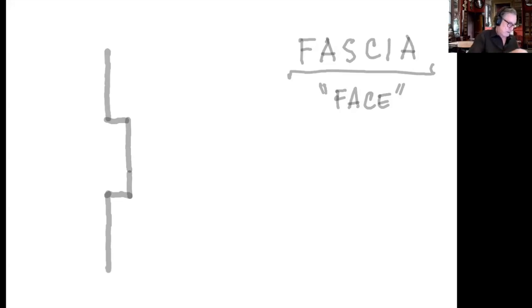And then we can use a thin line and we can actually draw those 45-degree lines if you want. And that gives it a bit of a three-dimensional quality, like that.